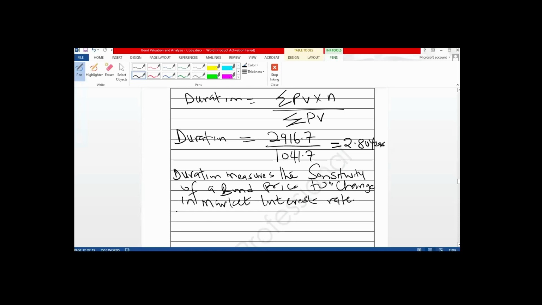The higher the sensitivity, the higher the duration, the higher the risk.